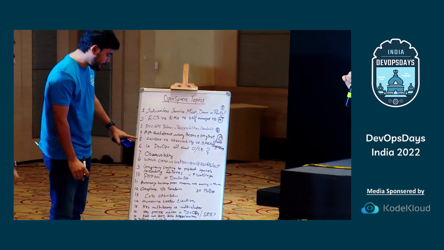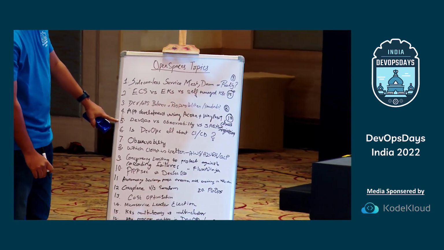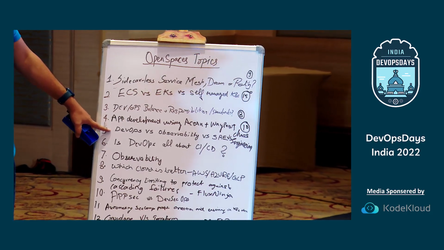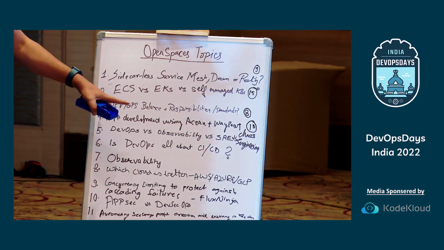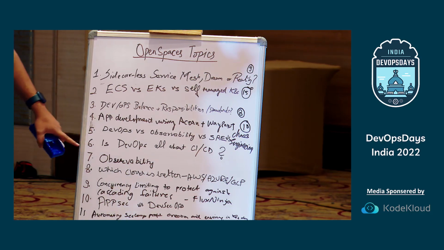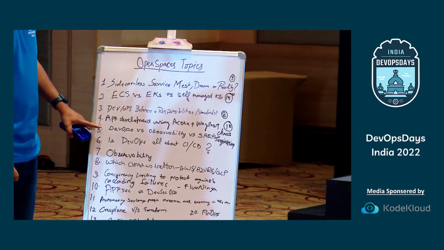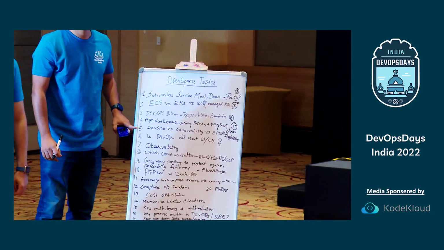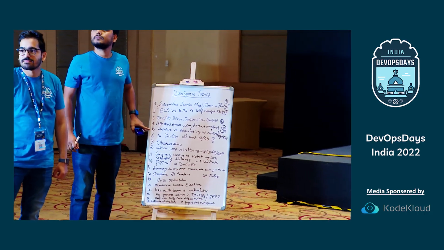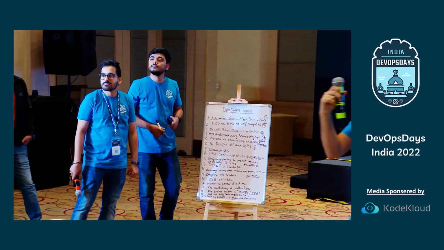Okay, next topic is a little weird, to be honest, because it has a lot of versuses: DevOps versus observability versus SRE versus chaos engineering. A lot of topics to cover in a single group. Because a lot of people have confusion about what is DevOps and SRE.